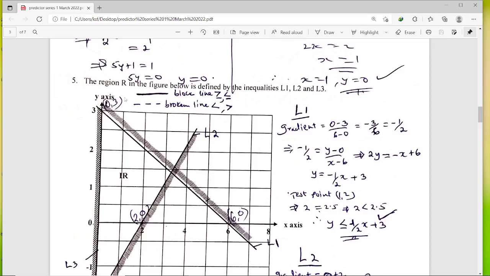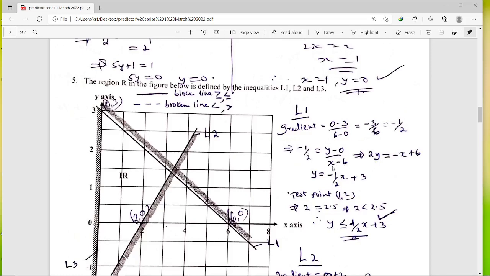So I've picked this point and another point xy, and use the same gradient, which is negative 1 over 2, equals y minus 0, because the value of y here is 0, all over x minus 6. So we cross multiply: 2 into y minus 0 gives 2y equals negative 1 into x minus 6.